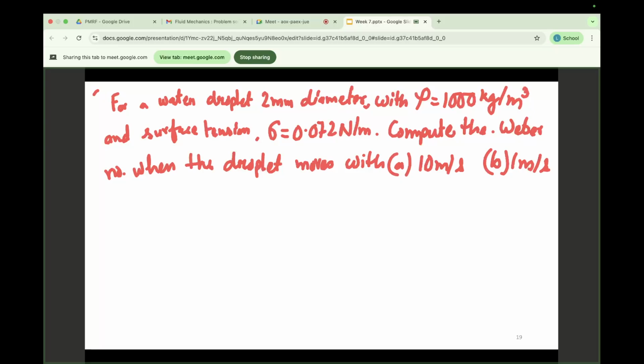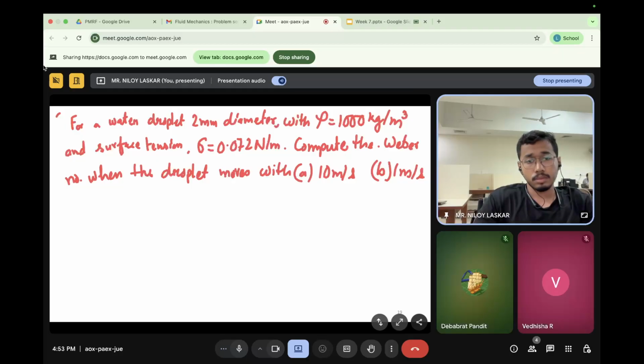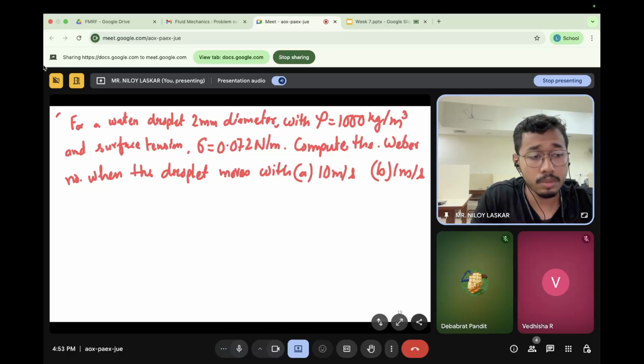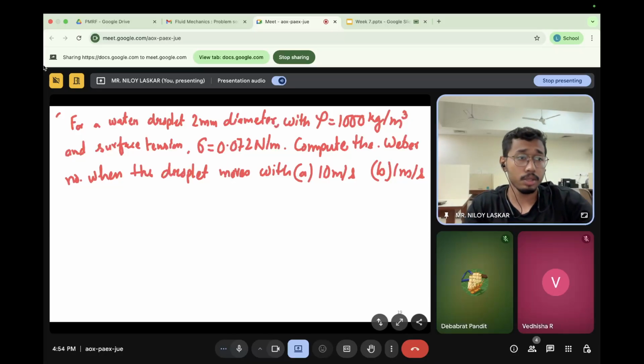Please try to solve this one. If you are facing any issue up to this, you can raise your concern to me.